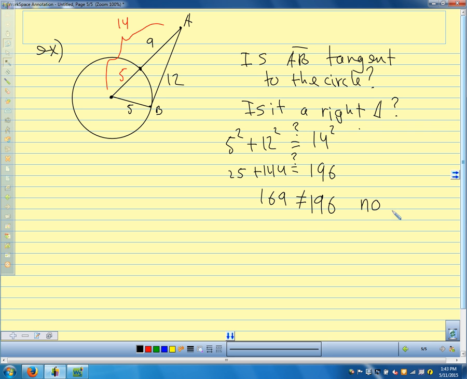So, not a right triangle. So it's not tangent. Because if it were tangent, that would have to be a 90-degree angle, and that would be a right triangle. So the Pythagorean theorem should work if that were a right triangle, if that were a tangent one.